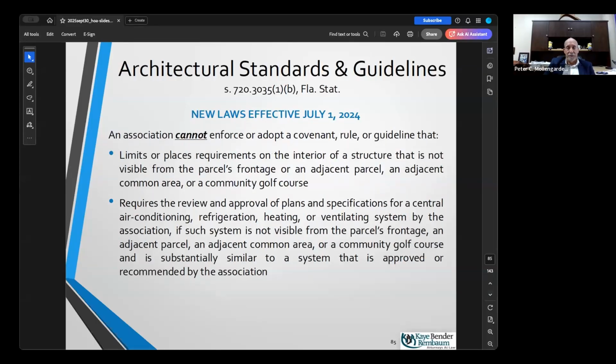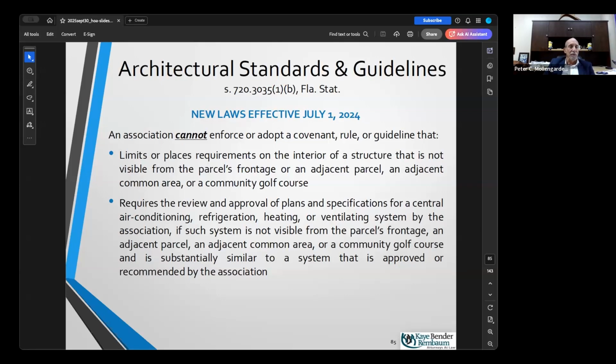Now, you cannot enforce or adopt a covenant or rule or guideline that limits or places requirements on the interior of a structure that is not visible from the lot's frontage or an adjacent parcel, an adjacent common area, or community golf course. So if you can't see it, it's not within your architectural control, basically.